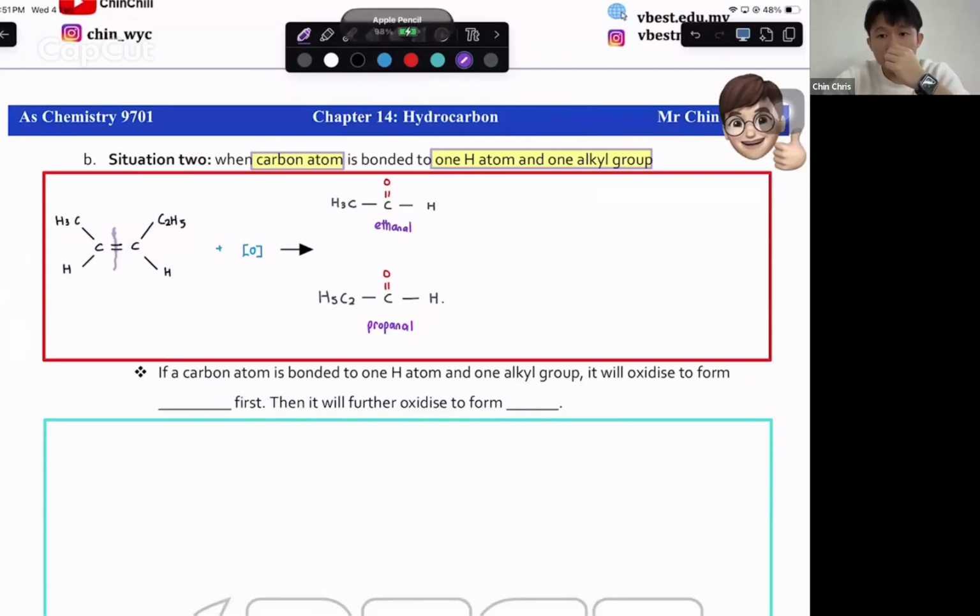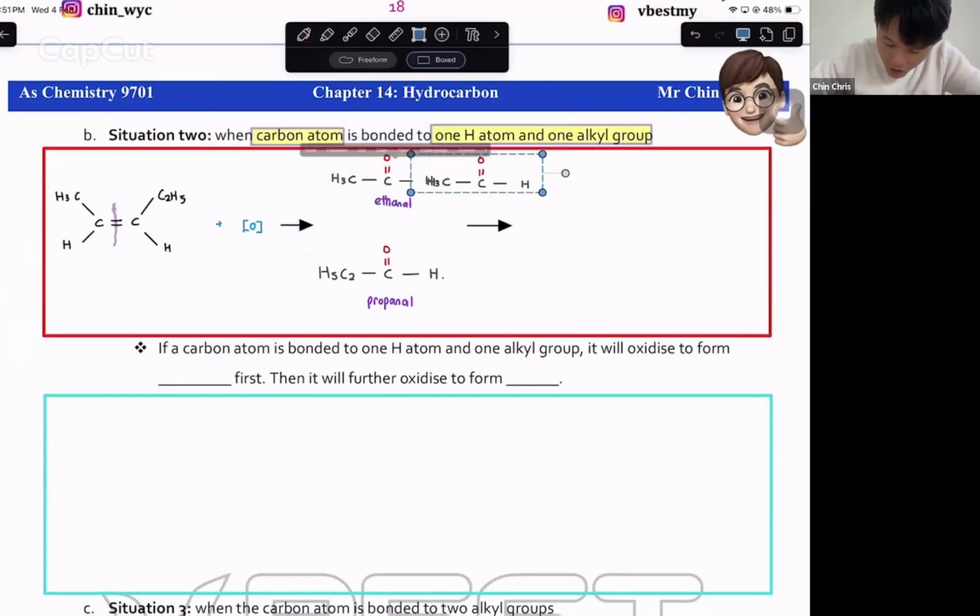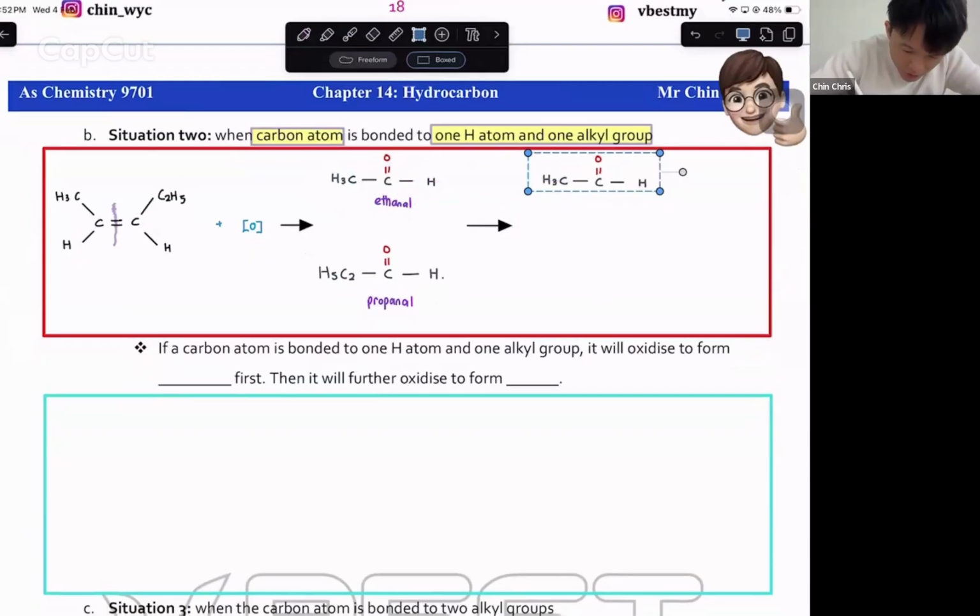For this, it goes straight to carboxylic acid as the final product. Yongshin, yes, by right it will turn into aldehyde first, but the final product, guys, will always be a carboxylic acid. So for this ethanal, I just have to add one more oxygen in between the H and the C, and that will turn into an ethanoic acid.